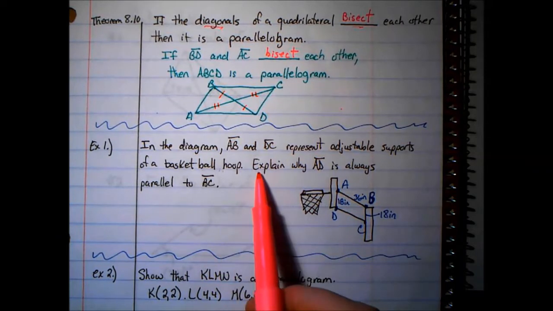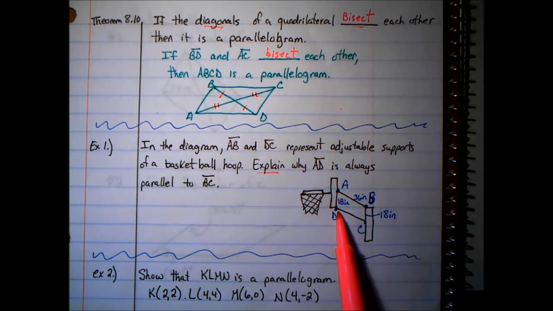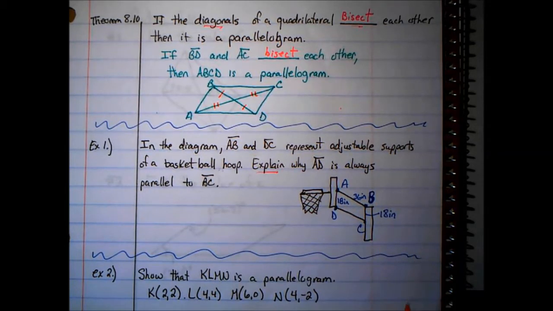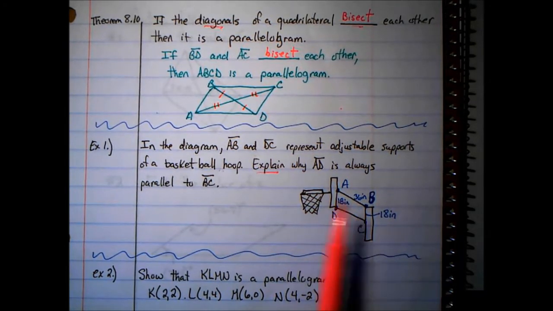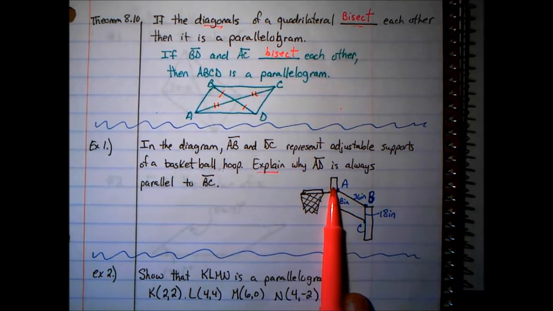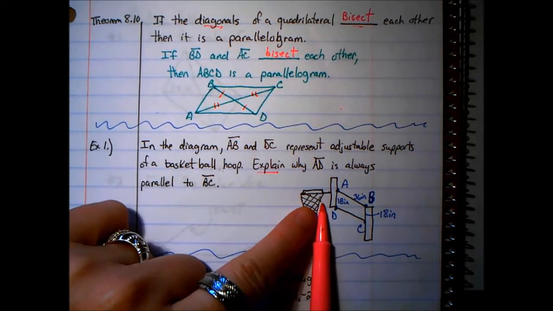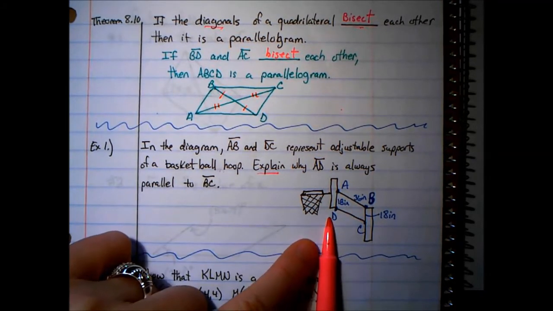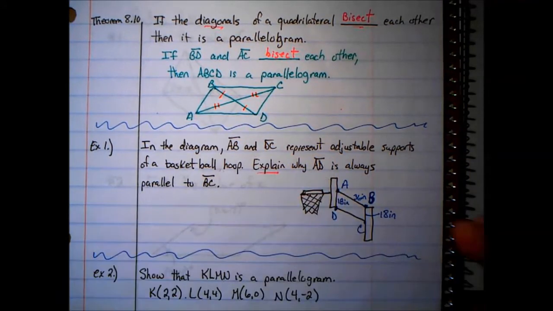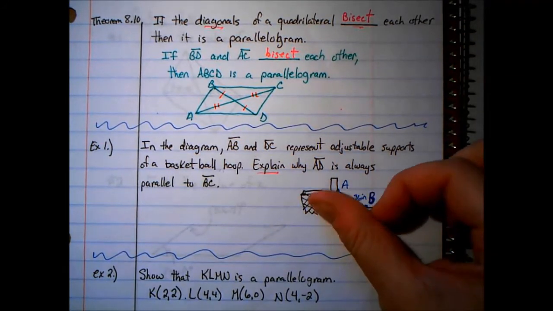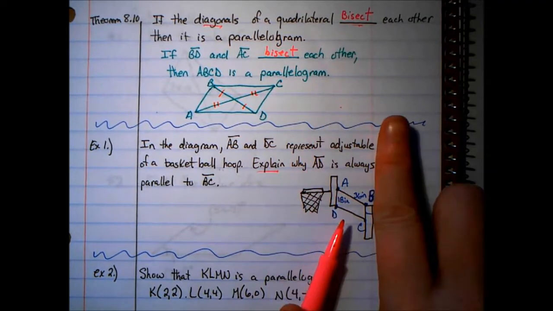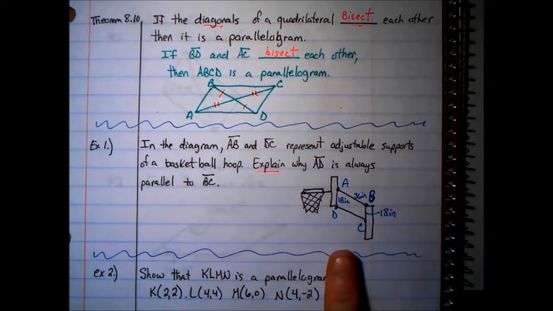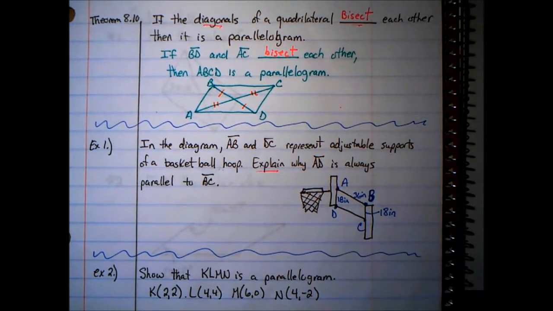The question is, explain why AD is always parallel to BC. Well, if I adjust this little thing going down, then the entire basket shifts down, or I can make it higher and shift it up. So I'm still maintaining a parallelogram as it rotates up and down. Okay, it's just shifting where it's at.